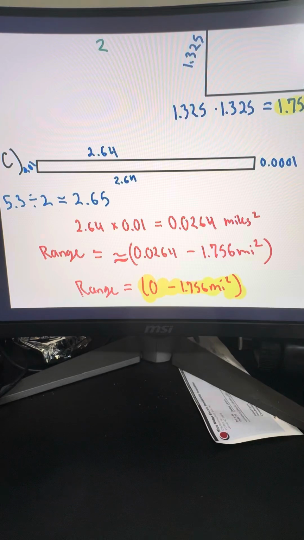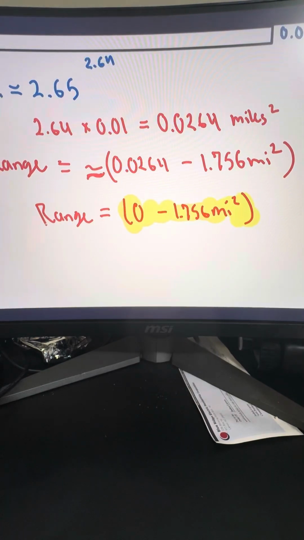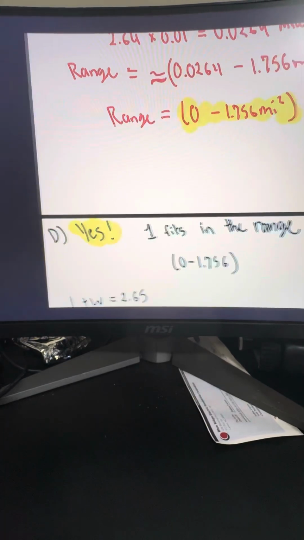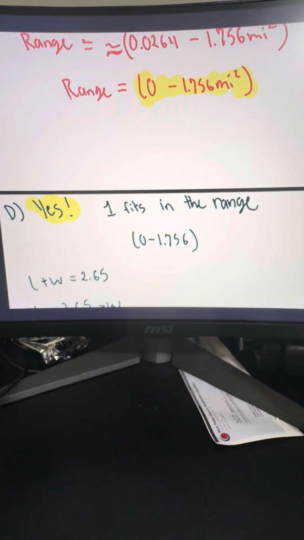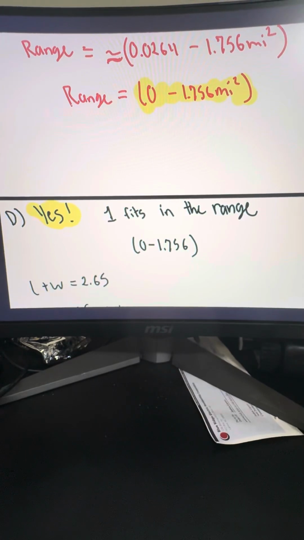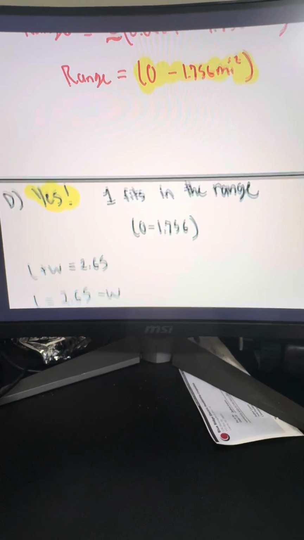We can come up with all these different areas, and we can cover every single number from 0 to 1.756. So I said yes. 1 does fit in that range, and we can come up with an area of 1 that fits in that perimeter of 5.3.